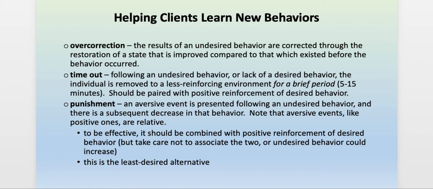I mean, we're not being mean here, but you deal with that by not only having the kid put the dirty clothes in the laundry and change the clothes, but the kid has to do everything that's in the wash basket, in order to correct that behavior. The situation is restored better than it was previously. That's called overcorrection.